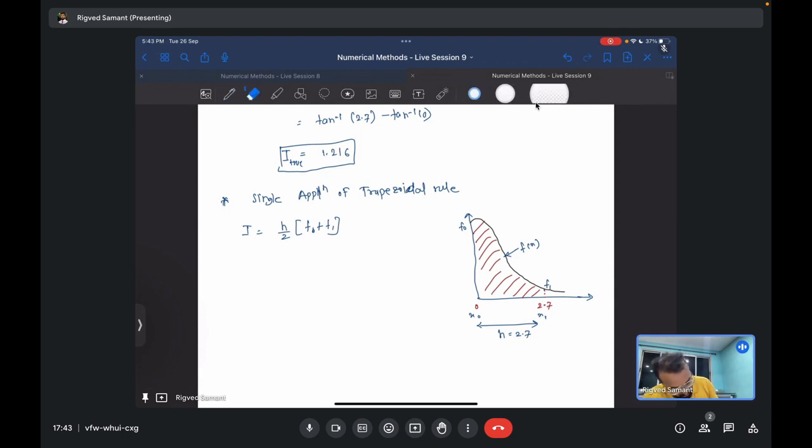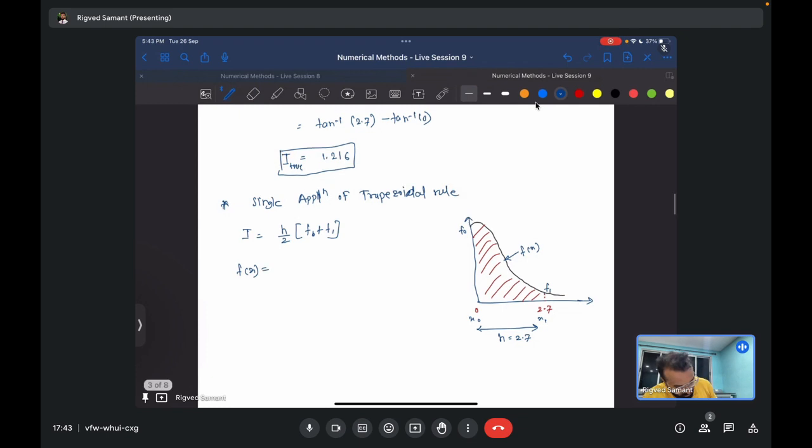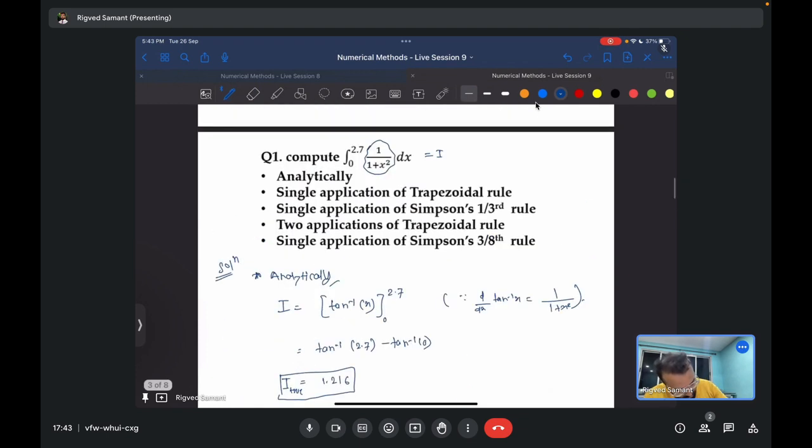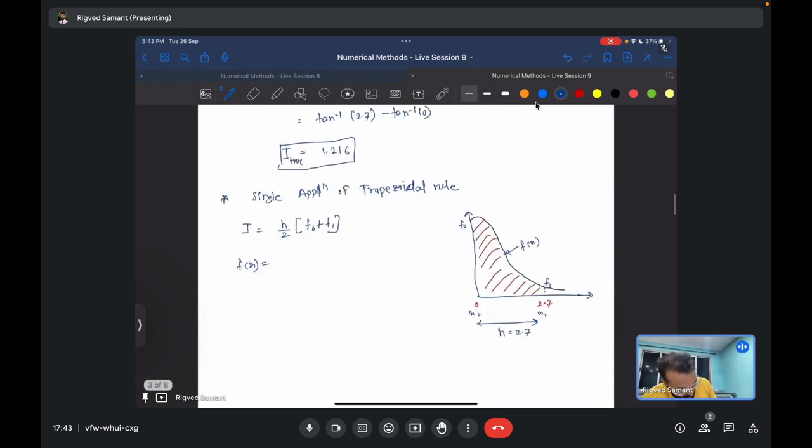So what is your f1? For f1, first you should know the f of x, right? So f of x is nothing but the integrand. I is equal to the integral from a to b of f of x dx. So this is your f of x: 1 upon 1 plus x square.